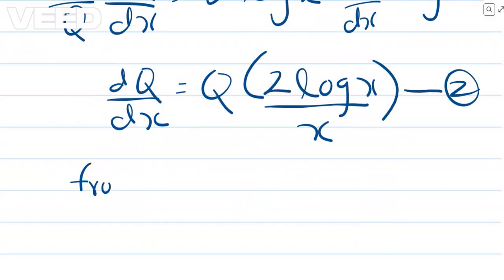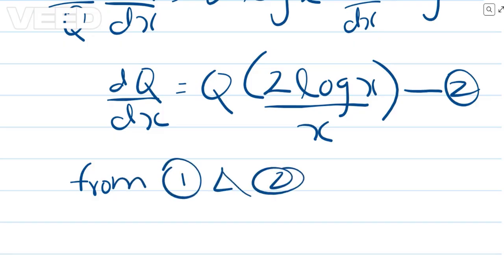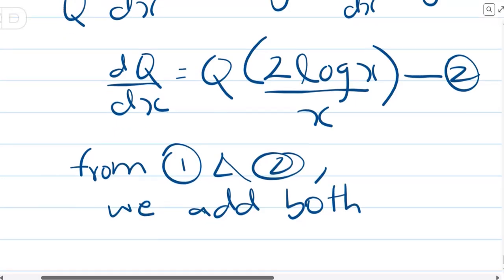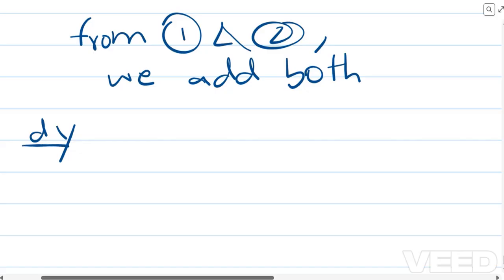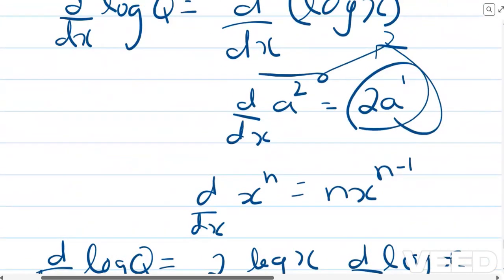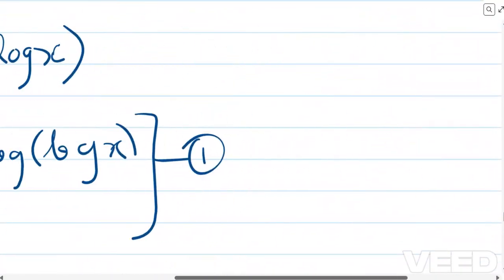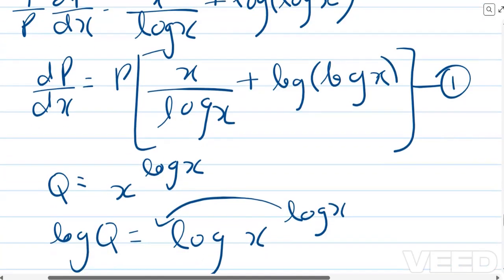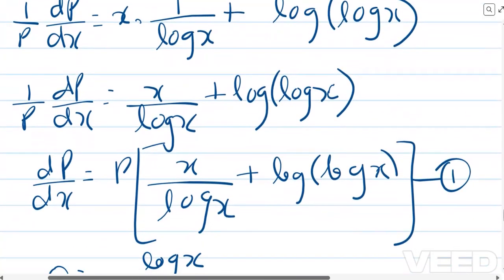So from 1 and 2, we get dy by dx is equal to dp by dx plus dq by dx. Let's substitute the values for p and q here.